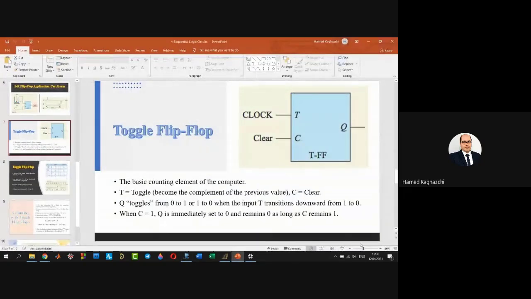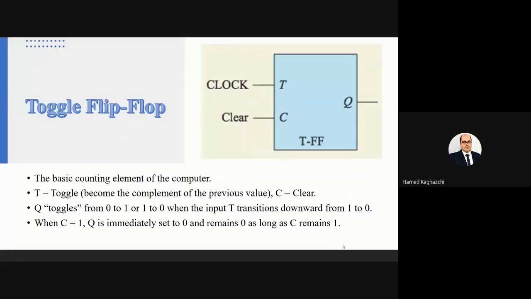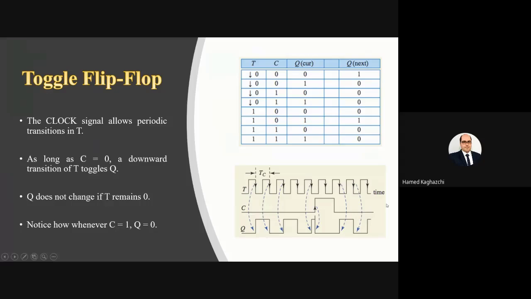Let's continue. One application of this toggle flip-flop, and also here in this table, you can find how the output in the next value will change according to the downward edge.